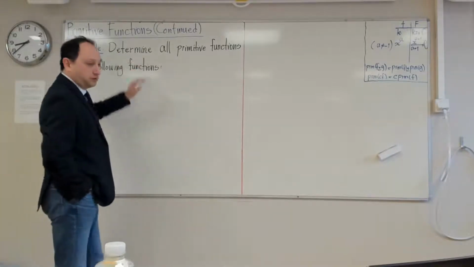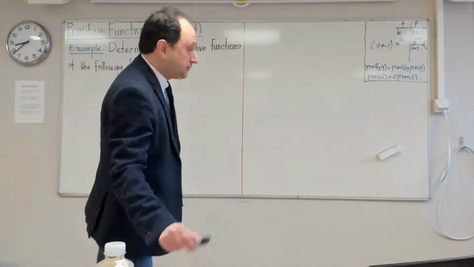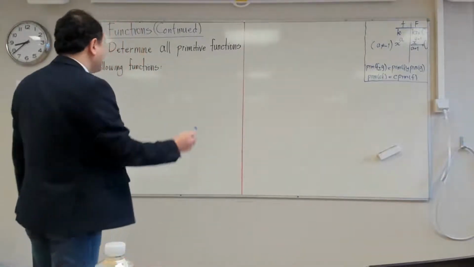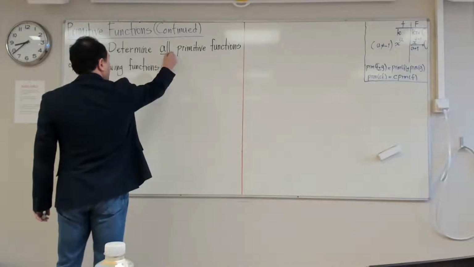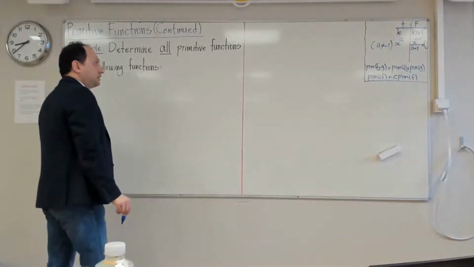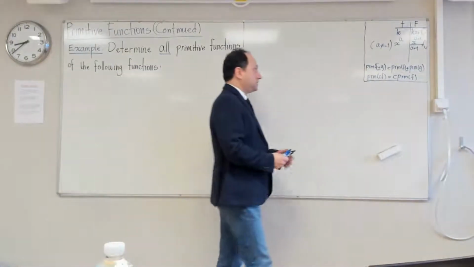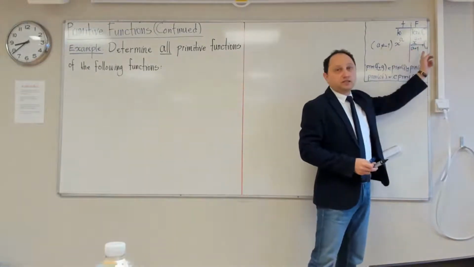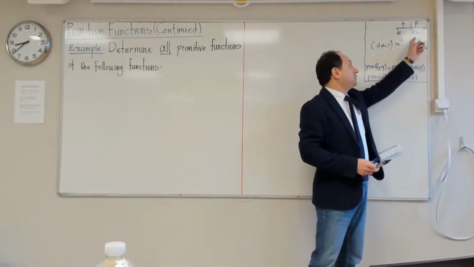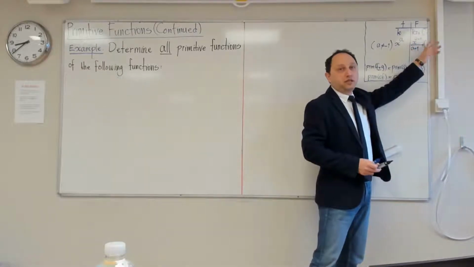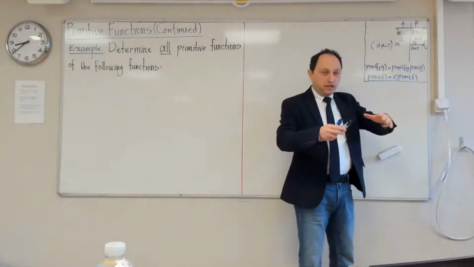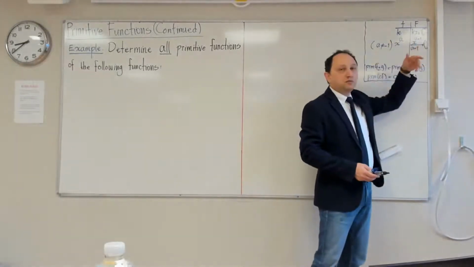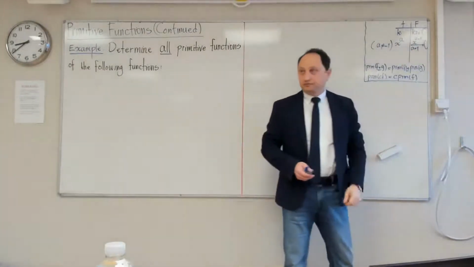Do you remember I mentioned that you need to pay attention to the wording? Sometimes they ask you to find all primitive functions. It means that it is necessary to respect that word and put the constant c at the end. Whatever I choose for constant c, it is still a primitive function. So the set of all primitive functions is this plus a constant.